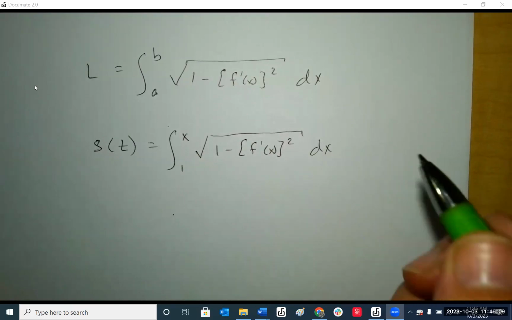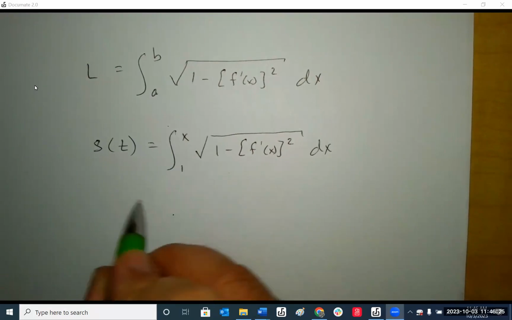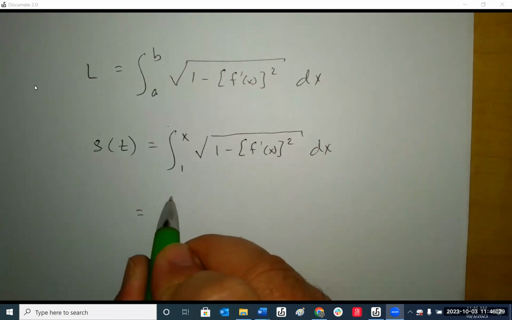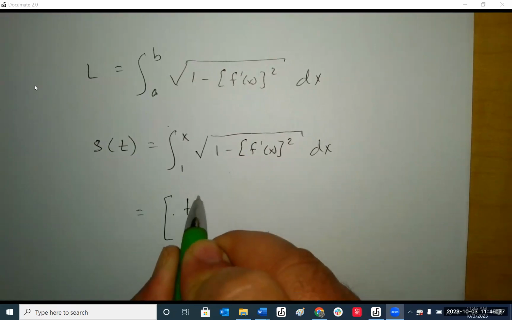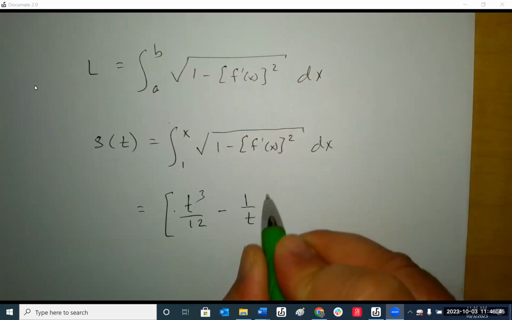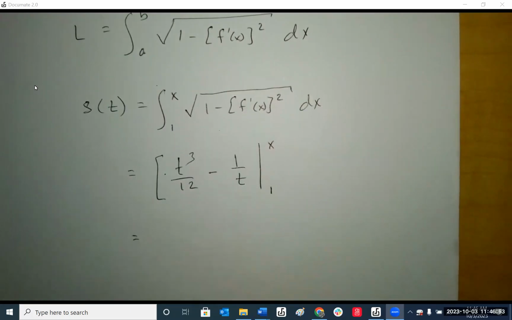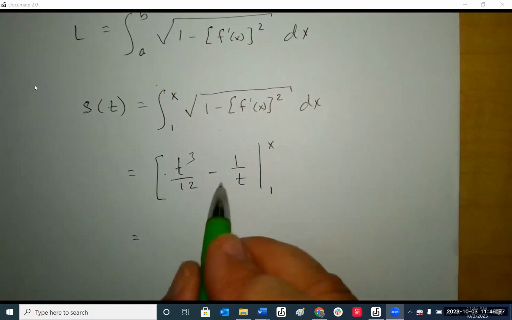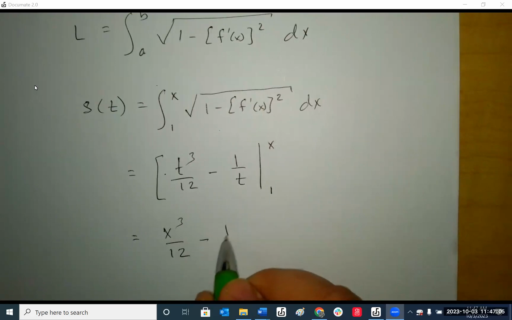In our example, when we integrated this, we got t cubed over 12 minus 1 over t, and that would give us x cubed over 12 minus 1 over x.